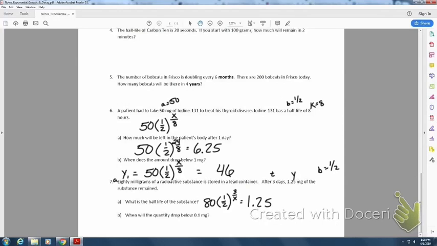And none of those are going to give you the correct answer. The X value that's going to give you that is 0.5. So if you were to put in 0.5 in here, it would give you 1.25. Now, if that's the answer to this, how many hours is that?